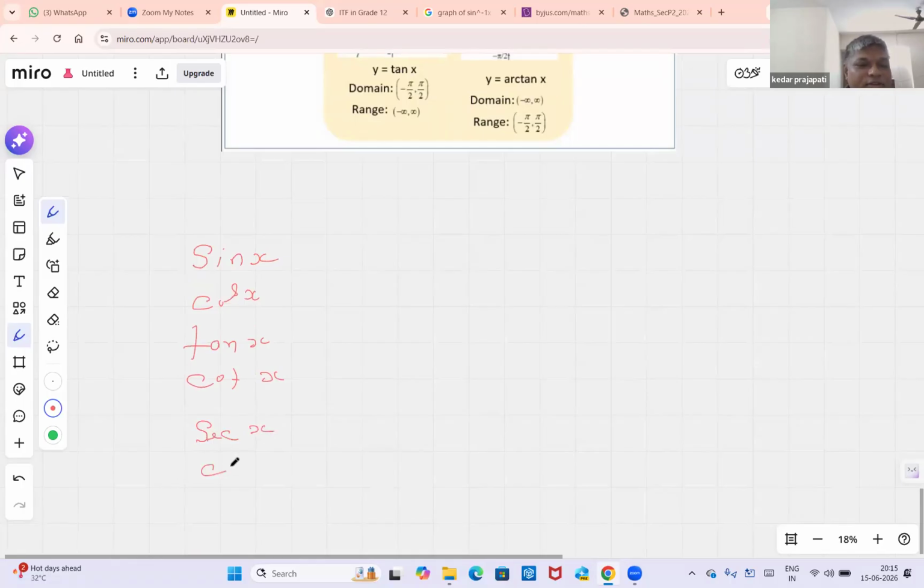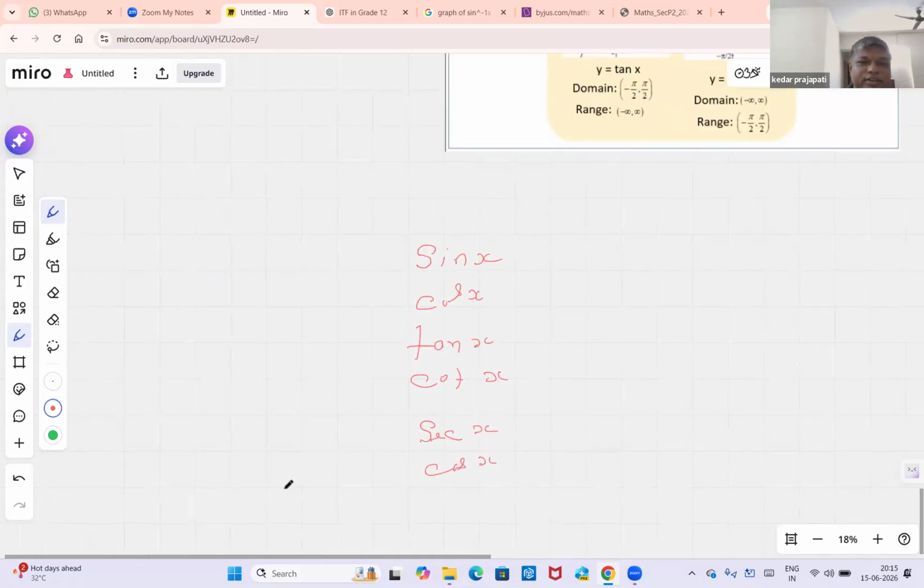And these are our basic trigonometric functions. So what is sine x? Let's deep dive. What is sine x?